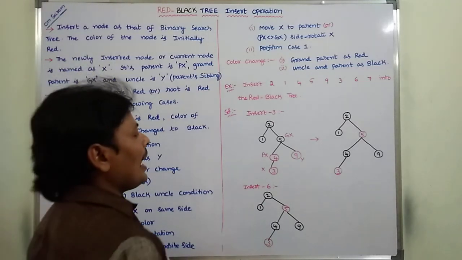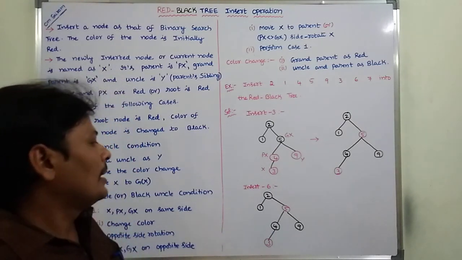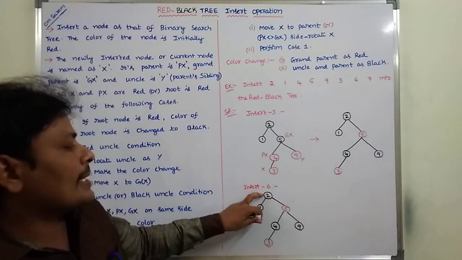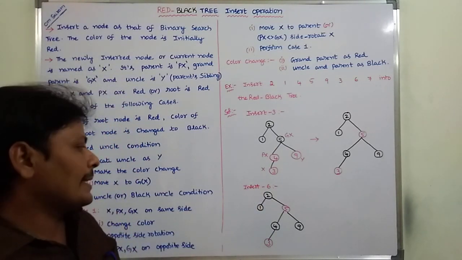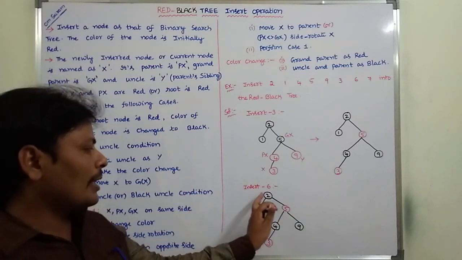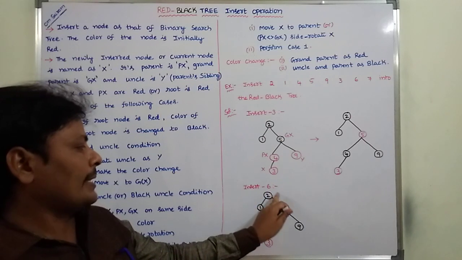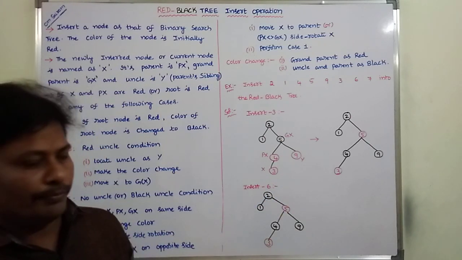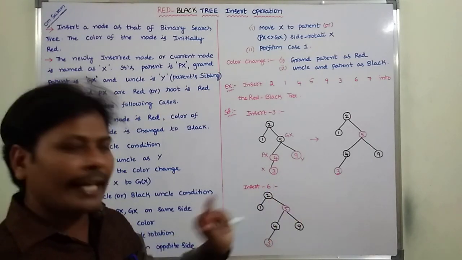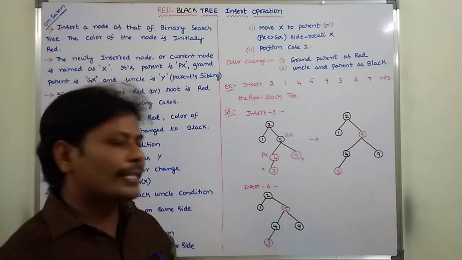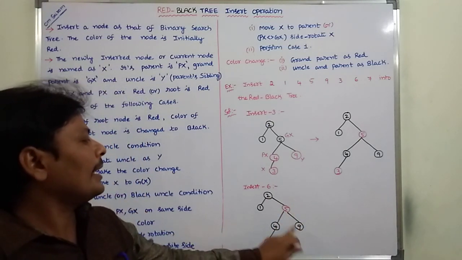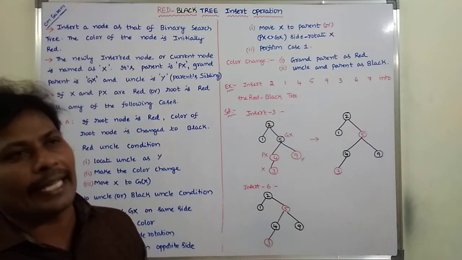Okay. Now I am inserting node 6. So 6 is compared with 2. It is greater than 2. Go to the right hand side, that is the right subtree. Here 5 is there. 6 is compared with 5. 6 is greater than 5. Go to the right hand side. Here 9 is there. 9 is compared with 6.